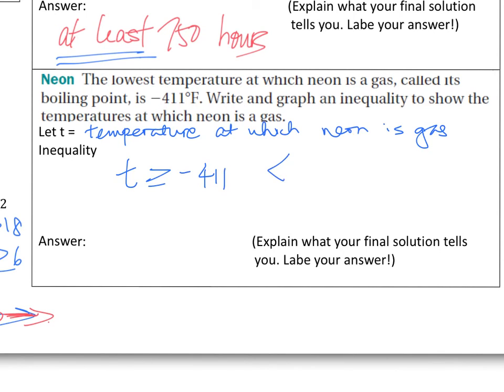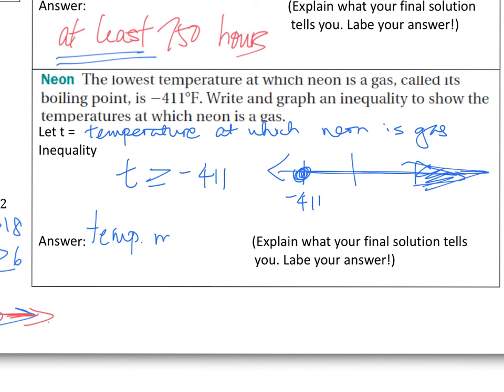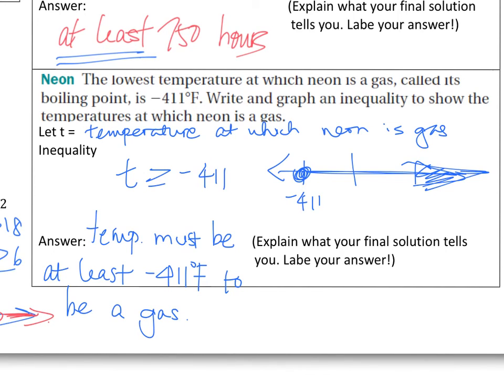And if we graph this, we'll point the arrow to the right with negative 411 shaded in. So your answer will be the temperature must be at least negative 411 degrees Fahrenheit to be a gas. And that concludes our lesson.